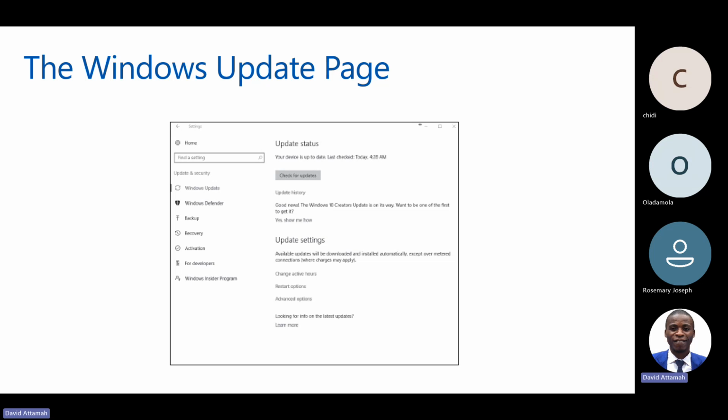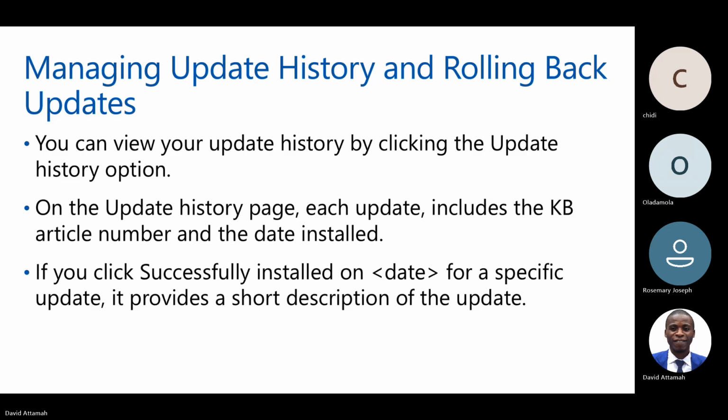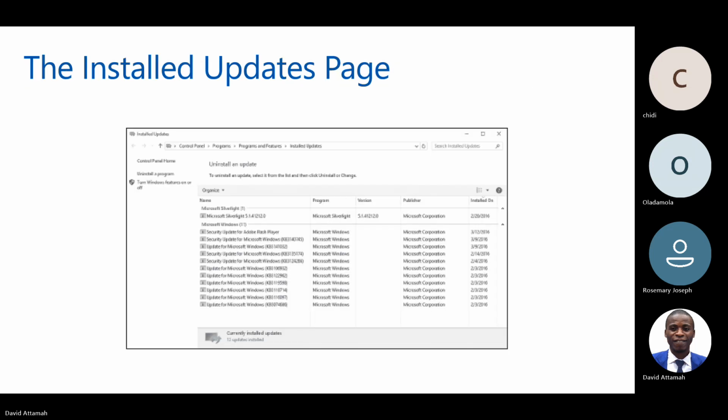So this is how the window looks. It might be different from the one you have on your system. From the same window, you can also see updates you previously installed and when you installed the last update.